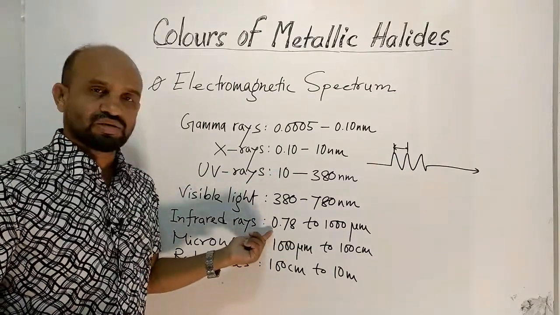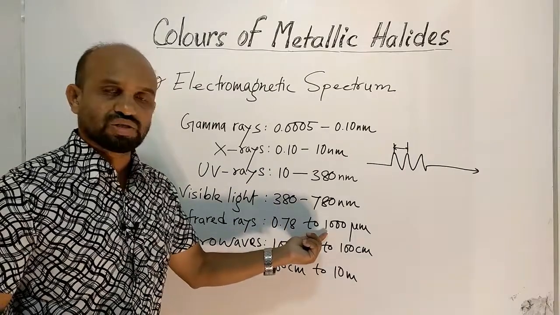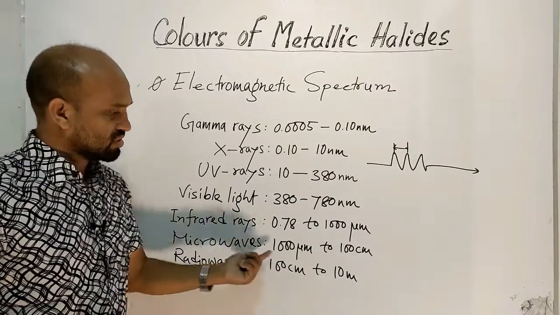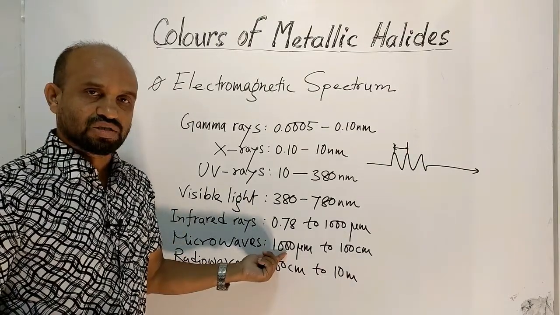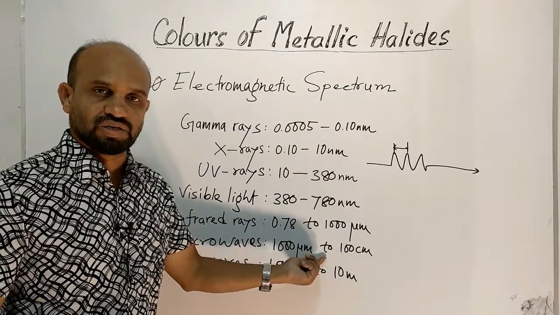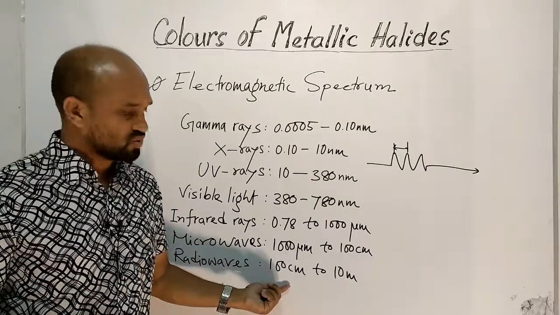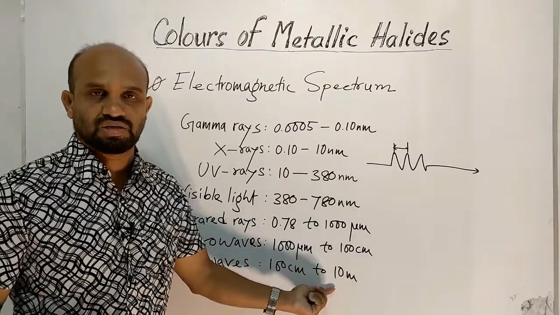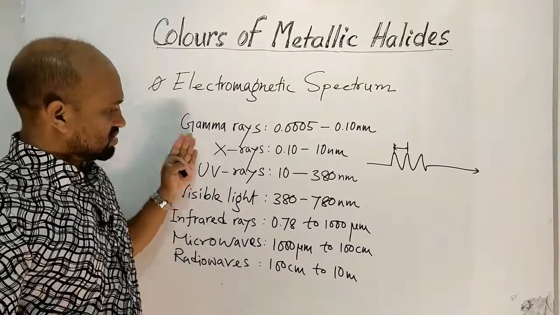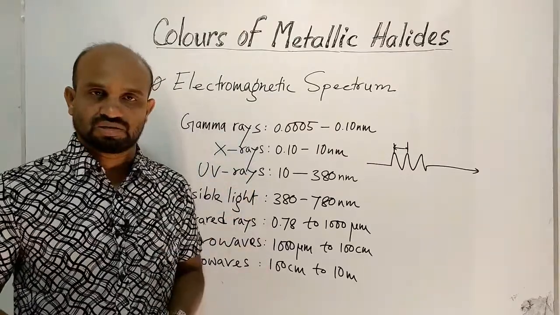Infrared rays 0.78 micrometer to 1000 micrometer. Microwaves wavelength 1000 micrometer to 100 centimeter. Radio waves 100 centimeter to 10 meter. So according to wavelength, the radiation is divided into these regions.